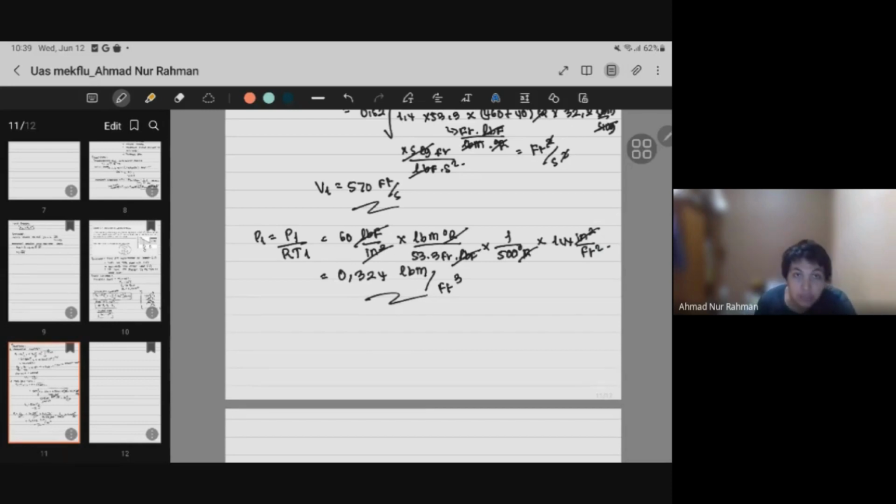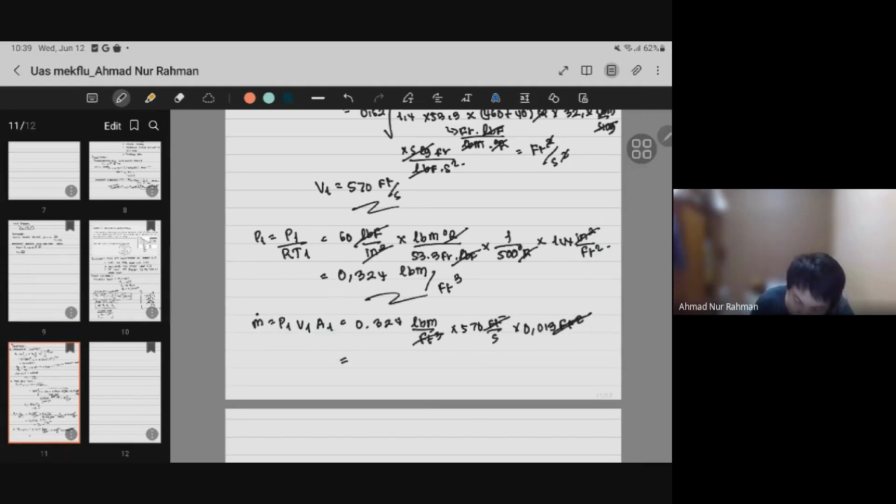Now all the data is already gathered, we need to use the mass flow rate equation equals rho1 V1 A1. 0.324 lbm per feet cubed times 570 feet per second times 0.013 feet squared. Because the units cancel, what is left is lbm per second.